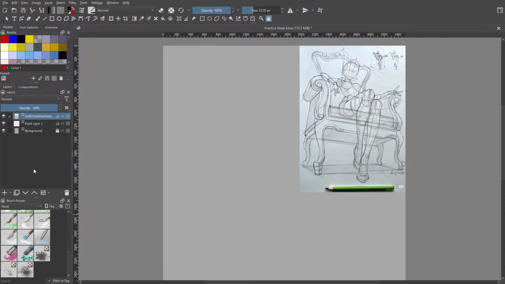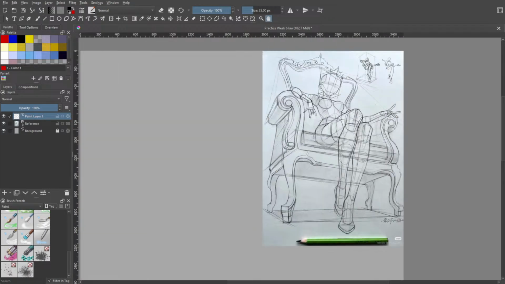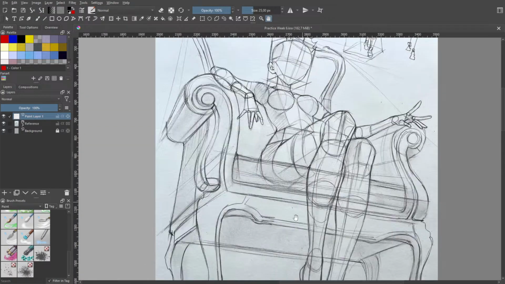Can I quick group this? Yep, I can. Perfect. I don't know the artist, unfortunately. I don't need this. Let's pull this up above. I want this. I want this.